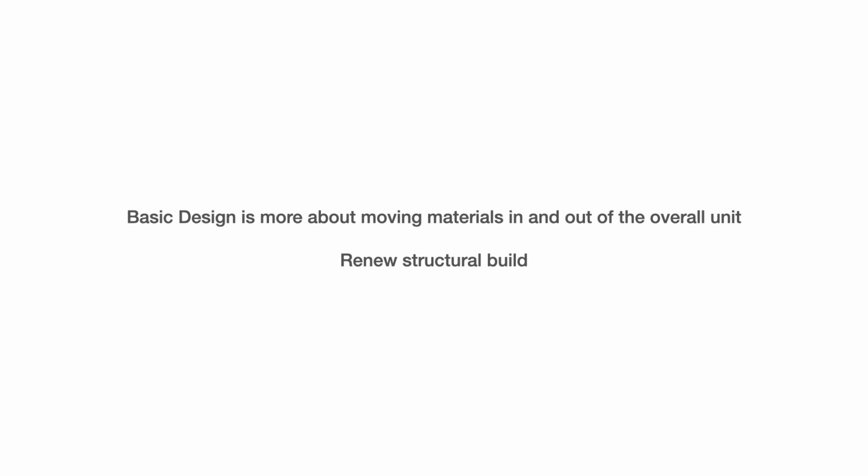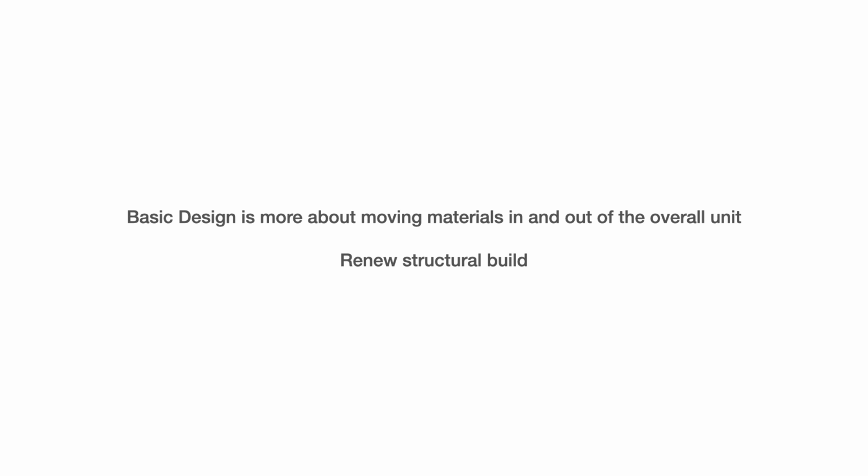So the basic design is really more about moving materials in and out of an overall unit. Saliva and gastric juices are great examples of materials cultivated by the group 5 plumbing for functionality. So this is just, of course, the basic design.